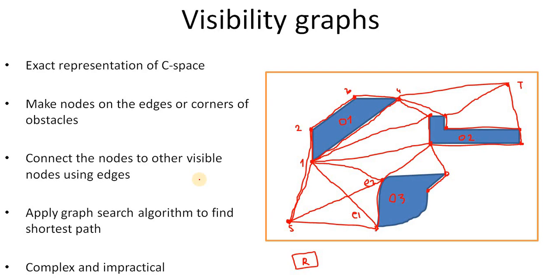They are less computationally expensive and they are also easier to implement. But just for your knowledge, we have mentioned this visibility graph, so you should know what the other types of path search algorithms are.